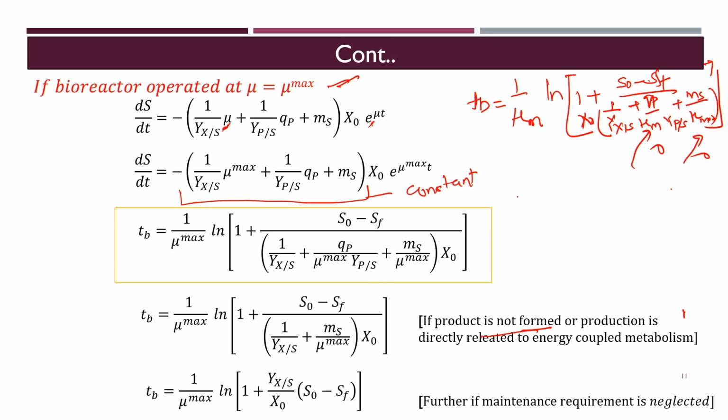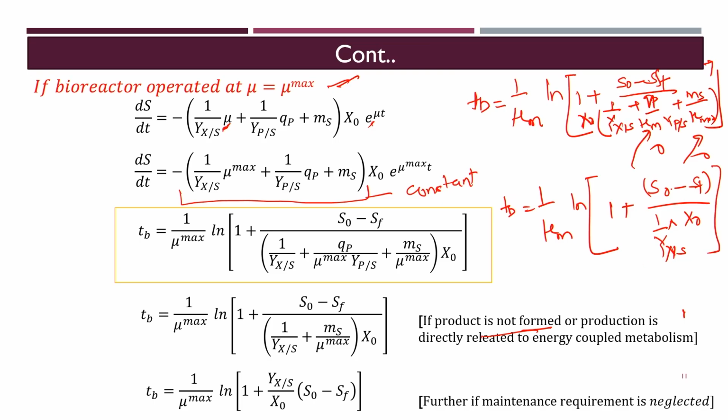So we will end up with Tb as 1 upon mu max ln 1 plus S naught minus SF divided by 1 upon Yx/s into x naught, or Yx/s will go up. So what we are getting here is 1 upon mu max ln 1 plus Yx/s times S naught minus SF divided by x naught.